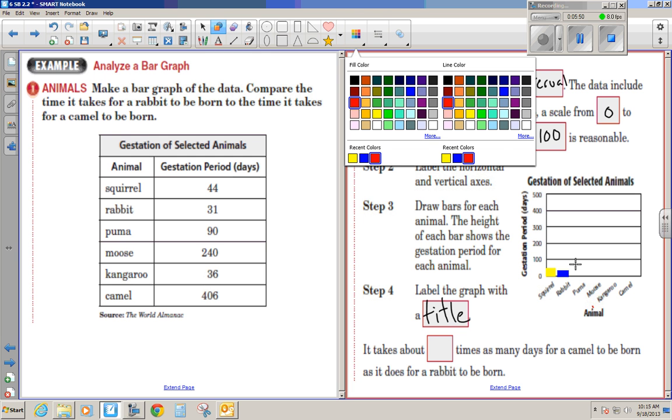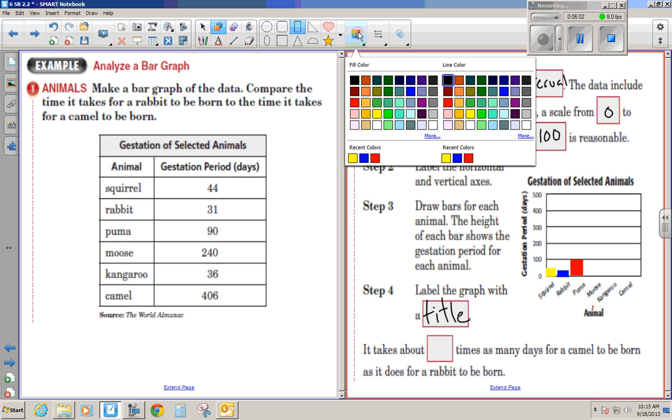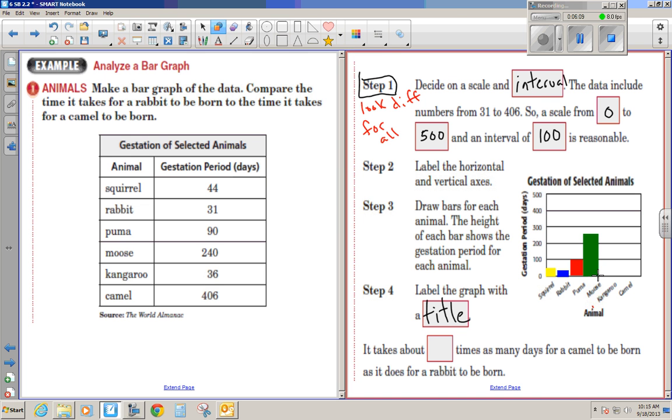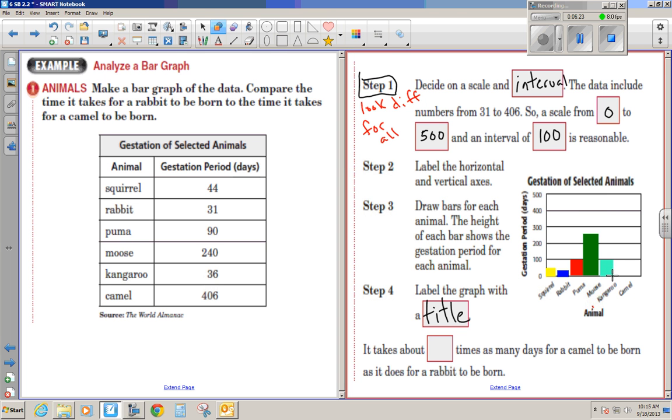A puma is just about 100, so it's right there. A moose is 240. So it's all the way now almost up to here. So that's for a moose. A kangaroo is 36. Well, that's not quite right.